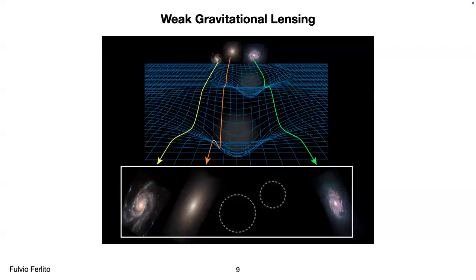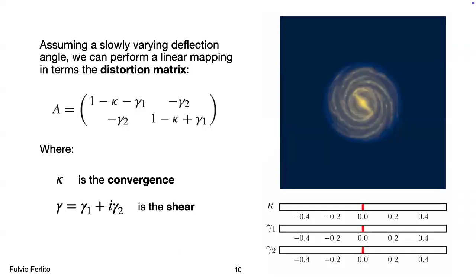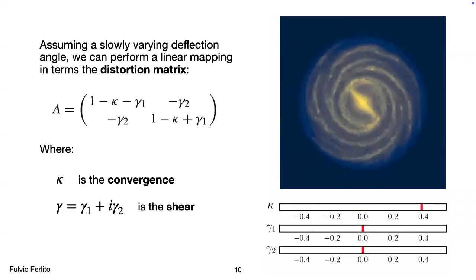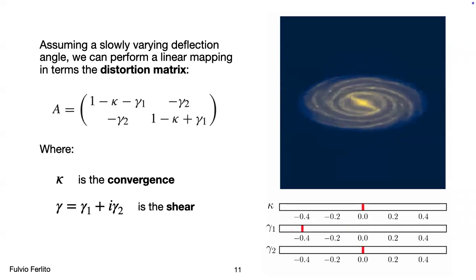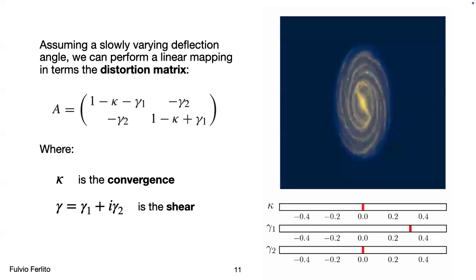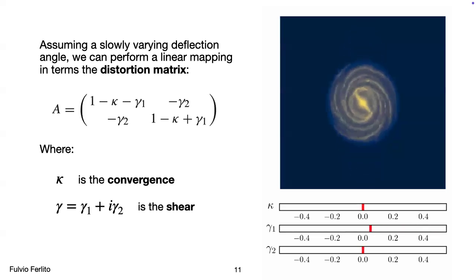But in practice, most of the galaxies are not affected by strong lensing, but to some extent, every galaxy is affected by weak lensing, which can usually be parameterized in terms of convergence and shear. Convergence will modify our galaxy image by shrinking or enlarging it, while the shear is a complex quantity whose first component can result in an elliptification along a horizontal or vertical line, while the other component is along the diagonal.